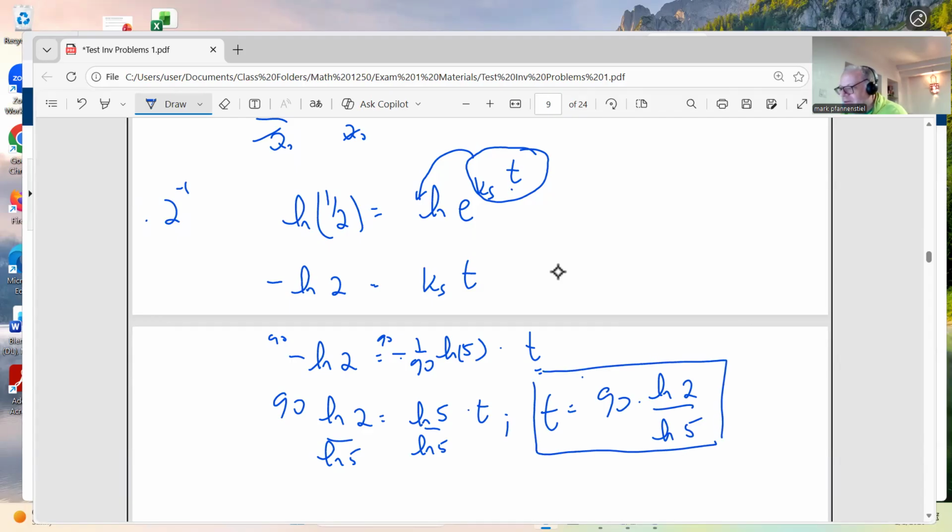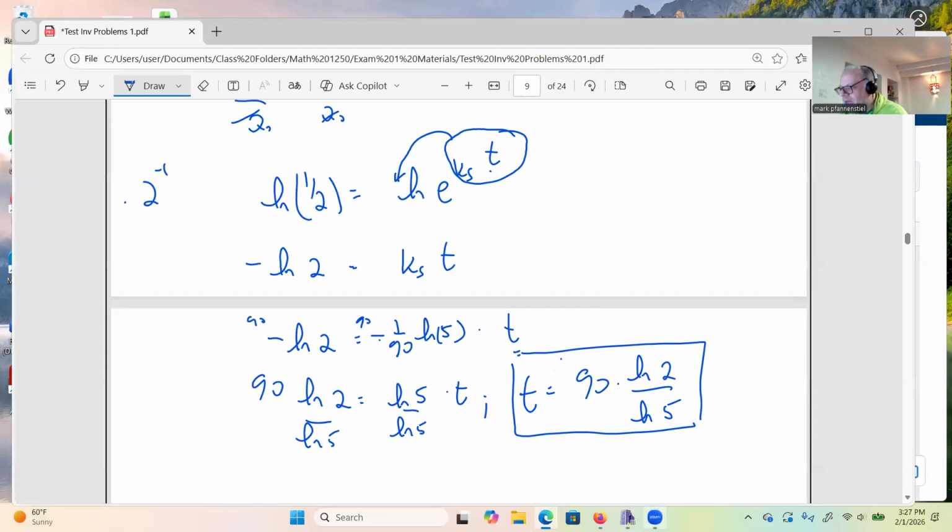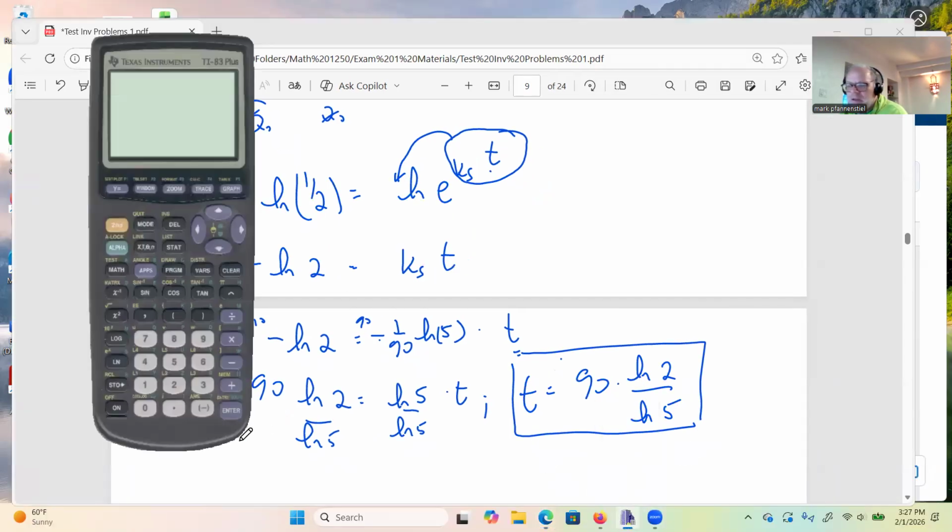Let's go ahead and figure out what this is. I need a calculator. So we're going to say 90 times the natural log. Where's my ln? It's an ln, it's not an "in." My students tell me it's "in."